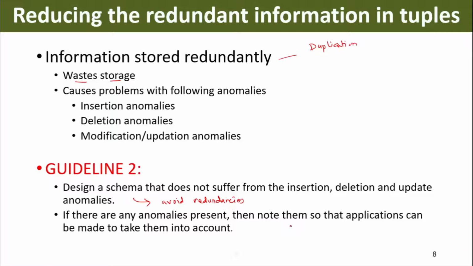So if there are any anomalies present, then we should note those redundancies or anomalies so that while writing the application program, the programmer will take care of those anomalies, right? So this is guideline number 2.